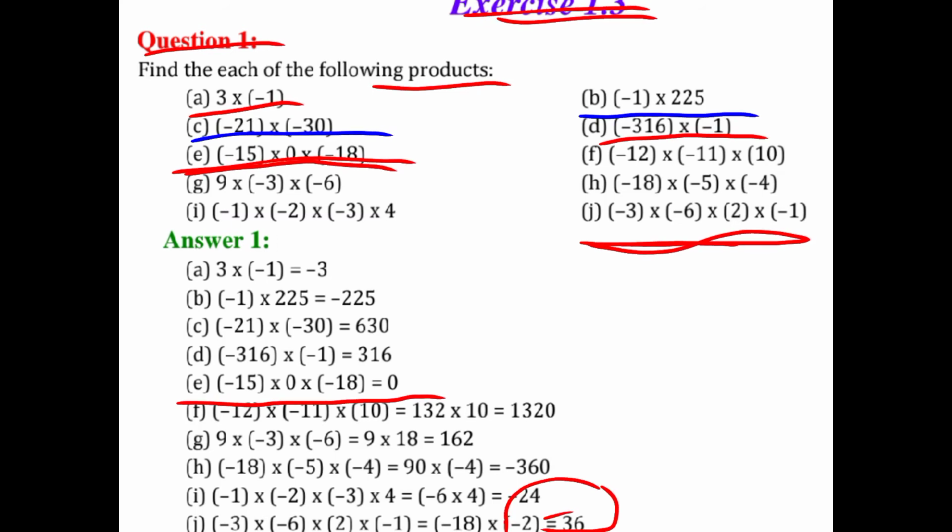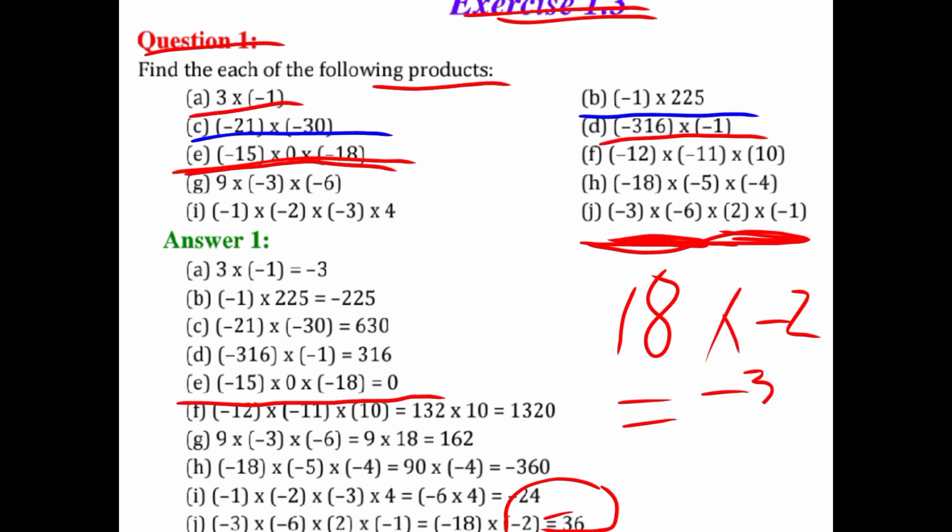It is minus because when we multiply these two, 6 into 3, it will give us 18 plus 18, and when we multiply these two, it will give us minus 2. So ultimately we get minus 36, not plus 36. It has shown here minus 18, but it is actually plus 18, right?